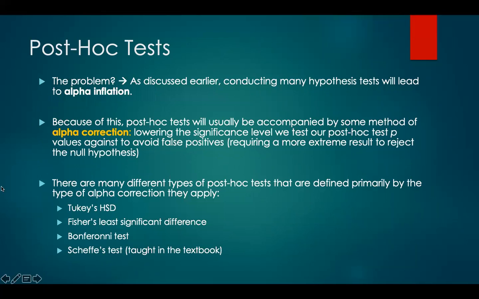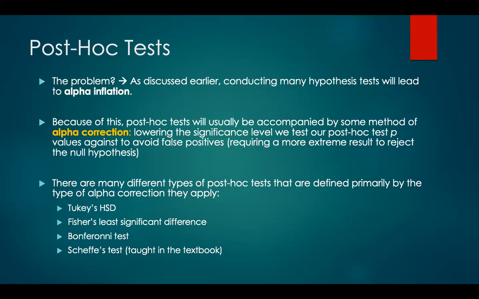The problem, though, as discussed earlier, is that conducting many hypothesis tests will lead to alpha inflation. Because of this, post hoc tests will usually be accompanied by some method of alpha correction, lowering the significance level we test our post hoc test p-values against to avoid false positives. In other words, requiring a more extreme result in order to reject the null hypothesis.